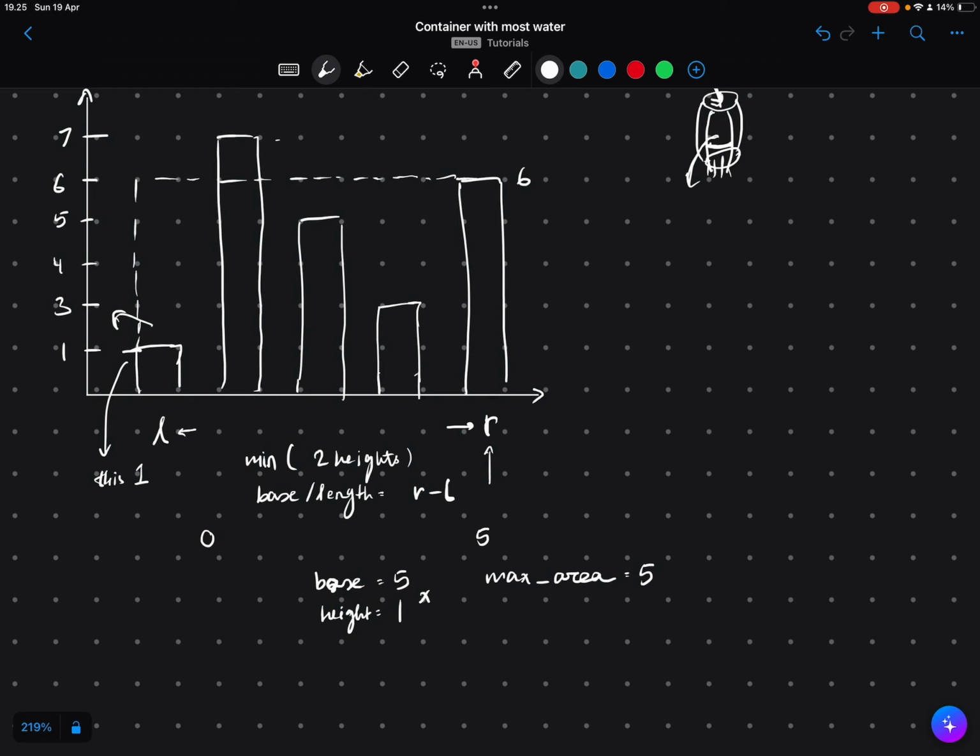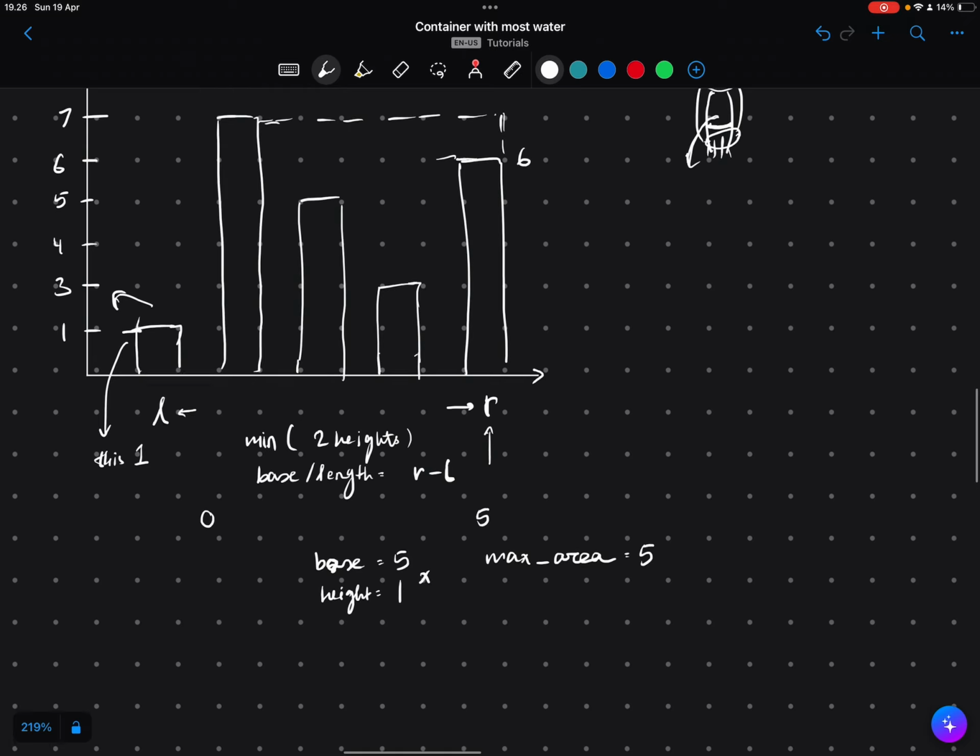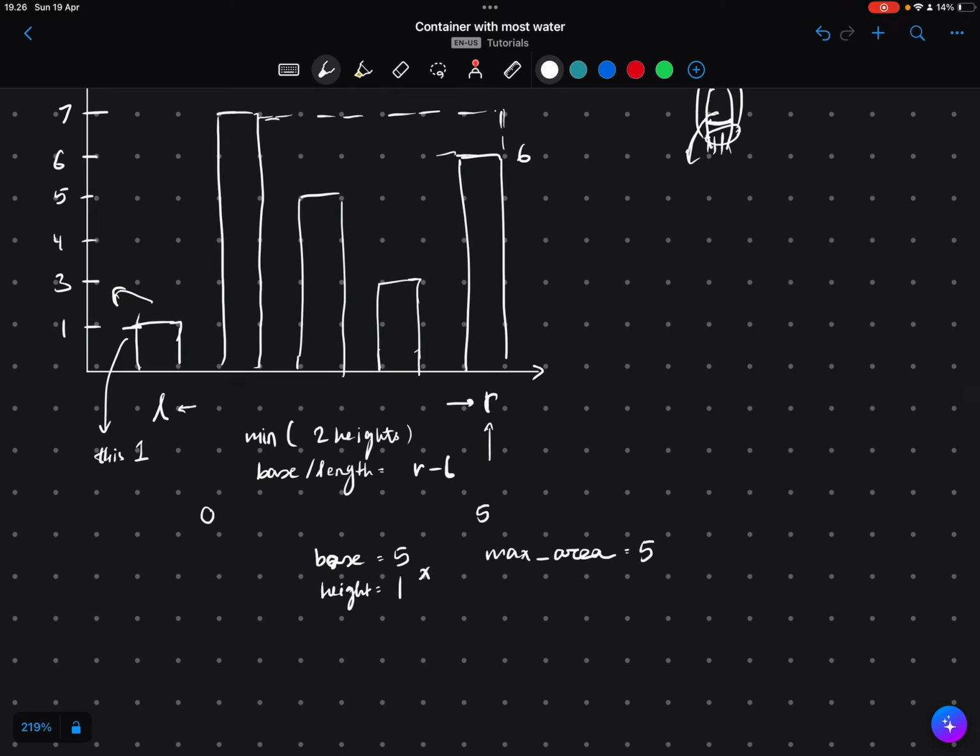Now let's consider another one. We'll go from 7 to 6 now, so let's ignore this. We'll consider 7 to 6 now, and we have this rectangle over here. We'll apply the same algorithm. With 7 and 6, the minimum would be 6, so our height would be capped at 6.